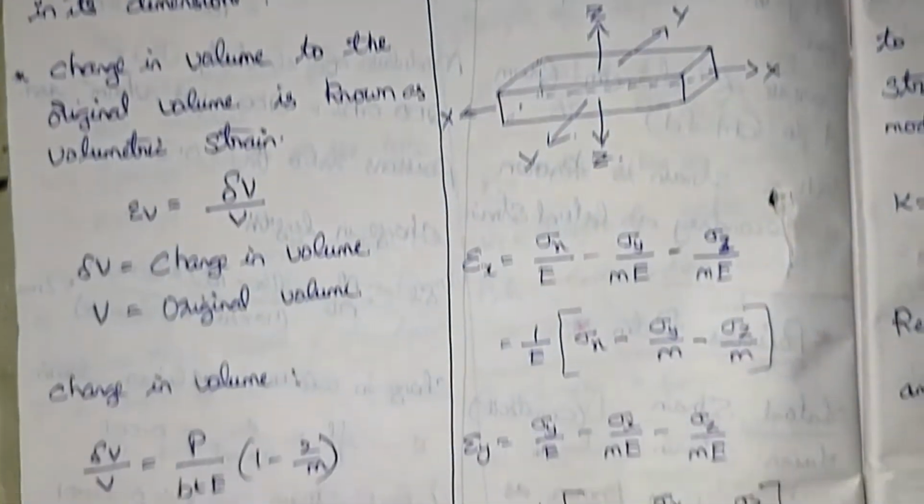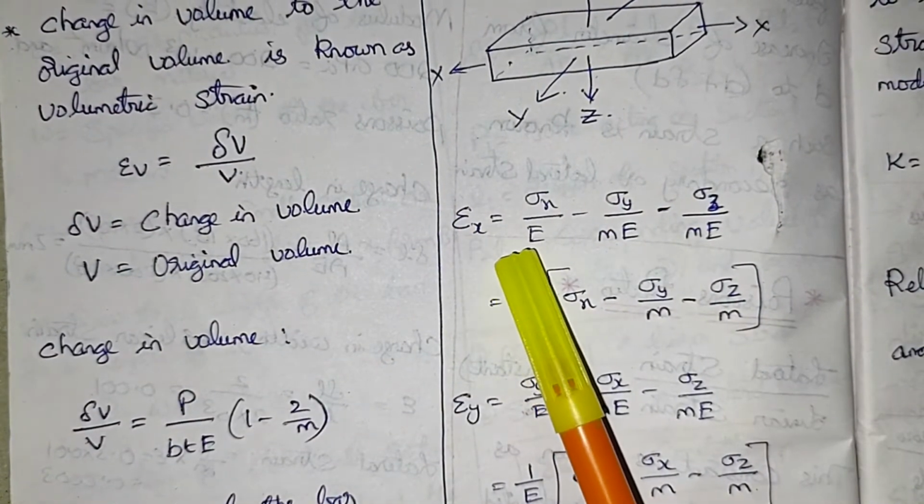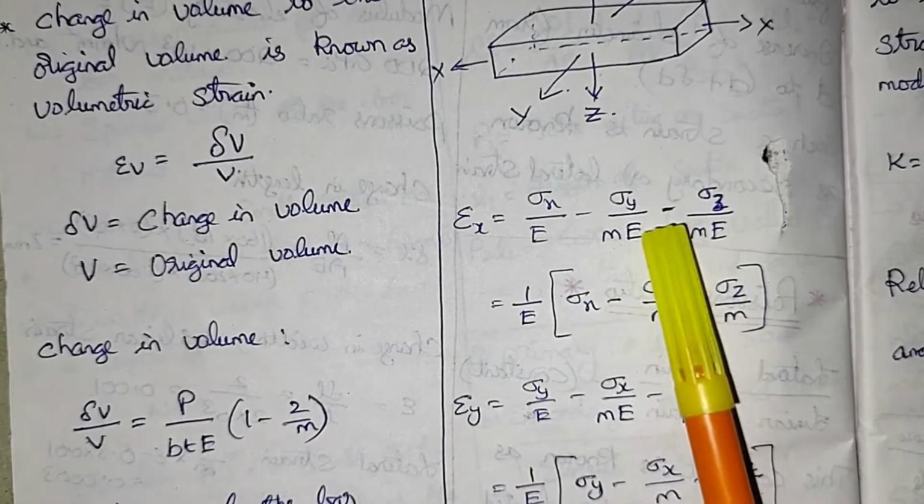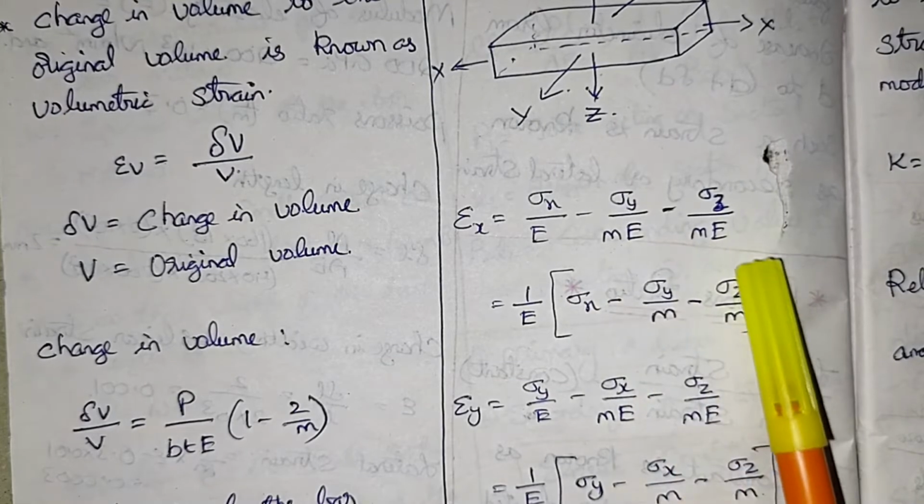Understood? Now we will see the strain in X direction, epsilon X is equal to sigma X by E minus sigma Y by ME minus sigma Z by ME.